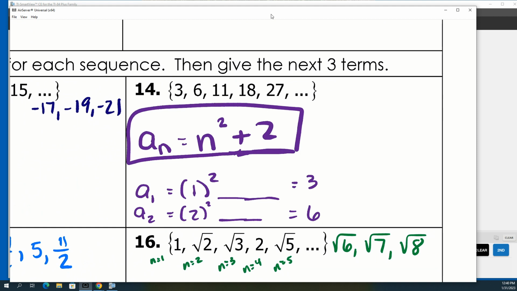All right, so those are all 2 more than actual perfect squares. So that's the sixth term. I square 6 is 36 plus 2 is 38. And then 7 squared is 49 plus 2 is 51. And then 8 squared is 64 plus 2 is 66.